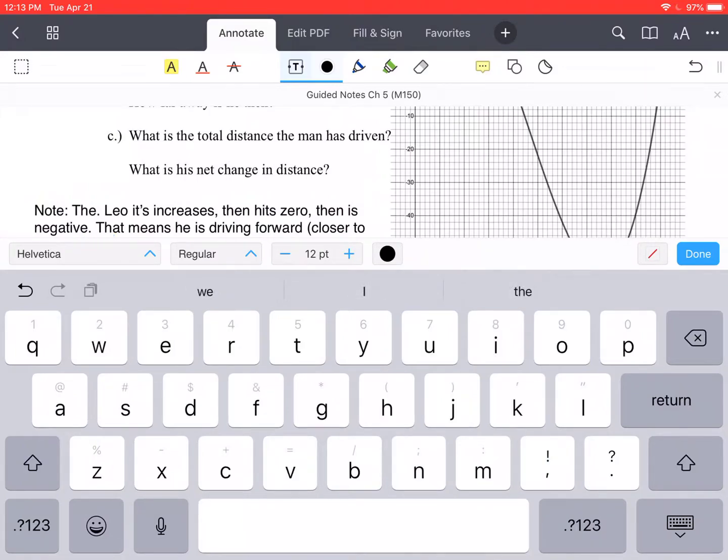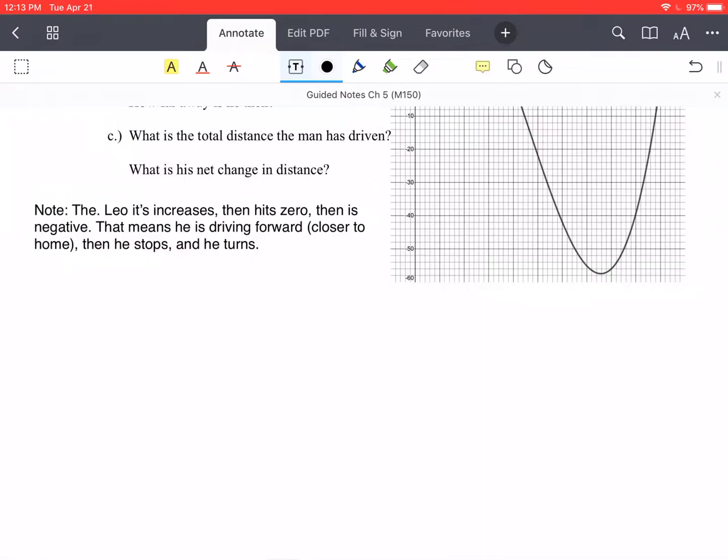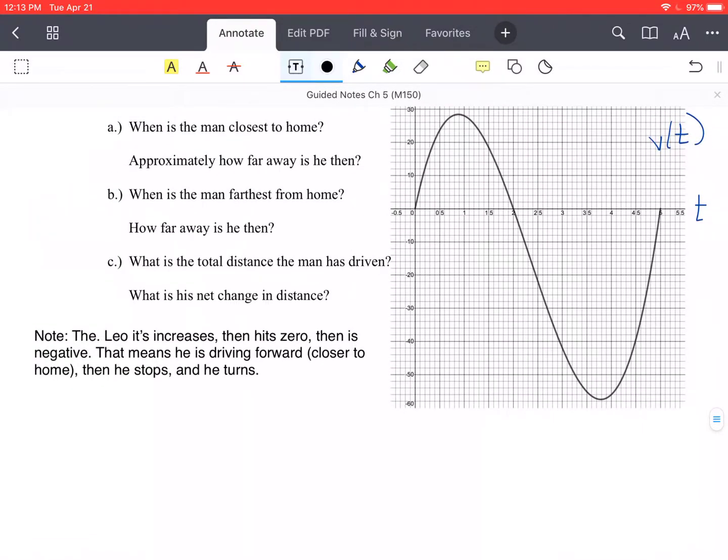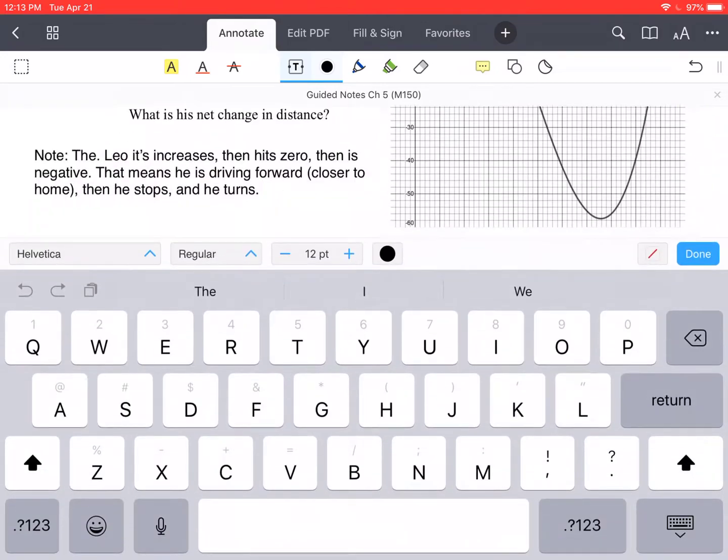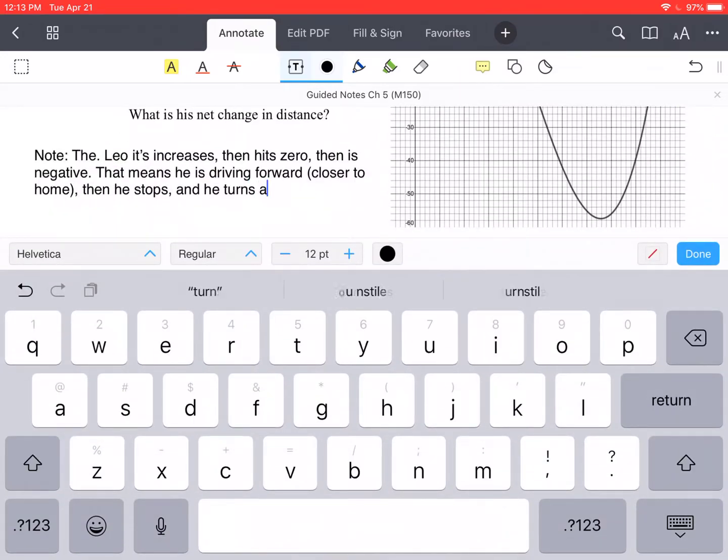Then when his velocity hits 0, he stops and he turns around. Because negative velocity means he's going backwards, if you will, or just the opposite direction from home. He's going away from home. Okay, so then he turns around.